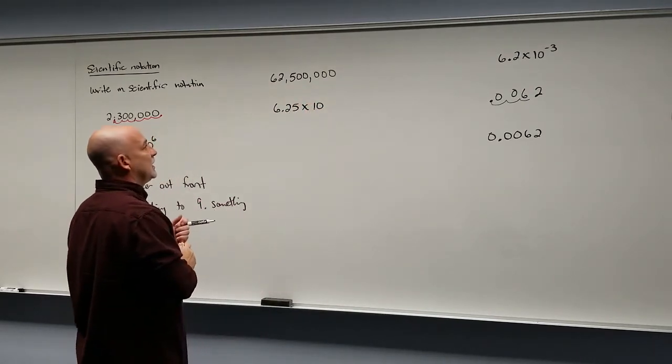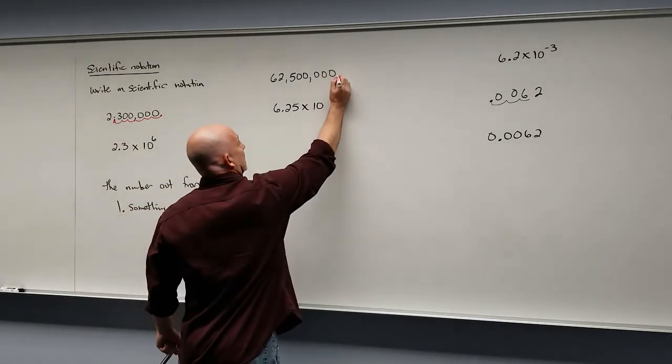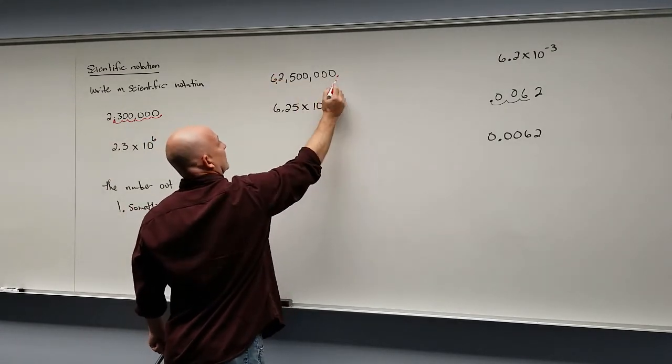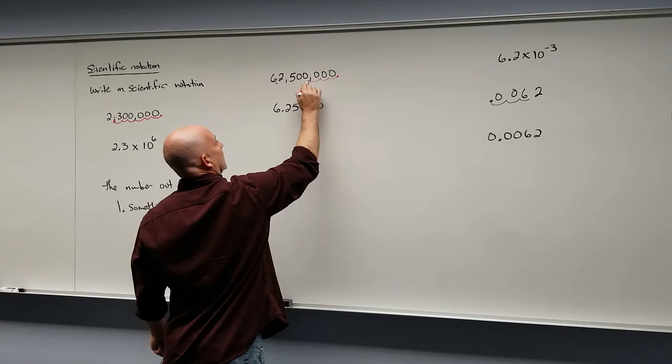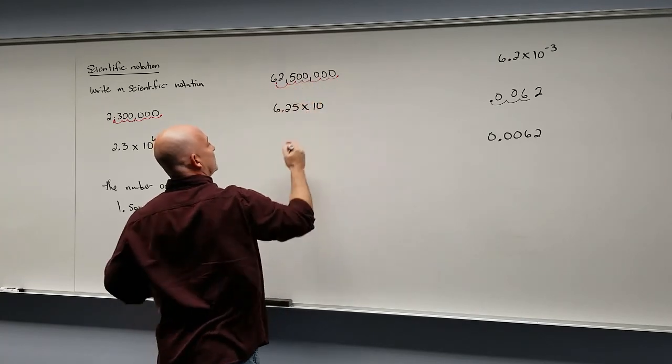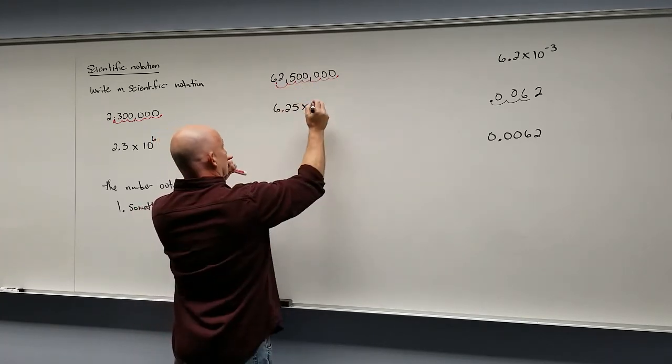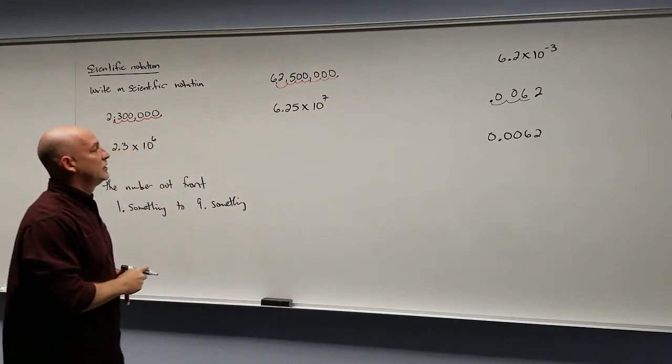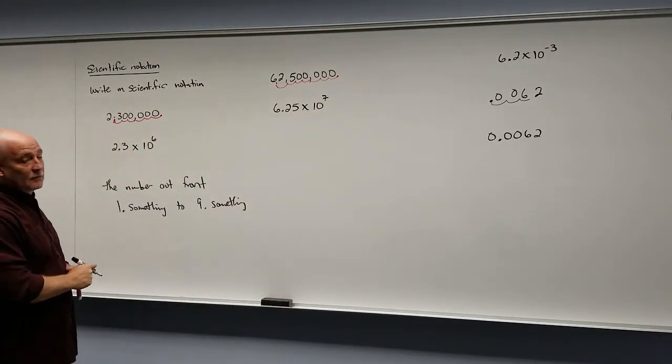Well, how many places did I have to move the decimal point? It started here and ended there. So it's 1, 2, 3, 4, 5, 6, 7 places. So to get it back, I have to do 6.25 times 10 to the 7th.